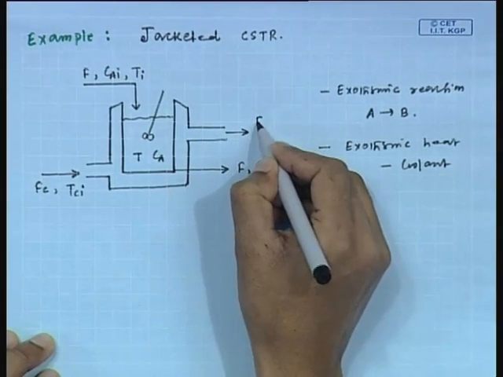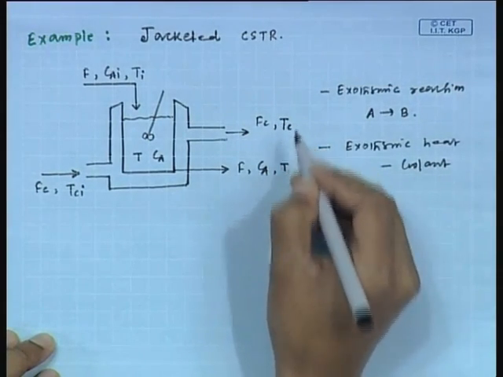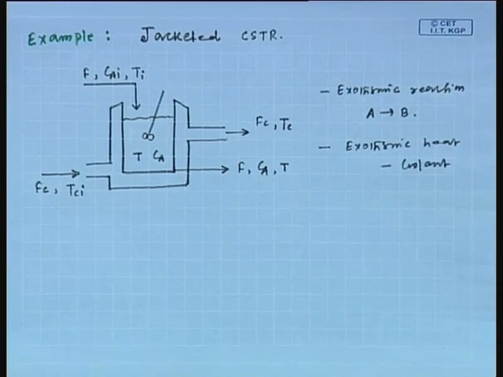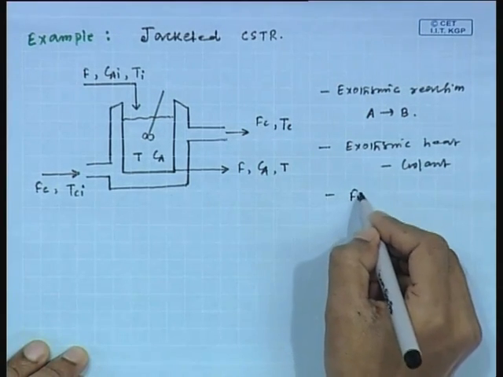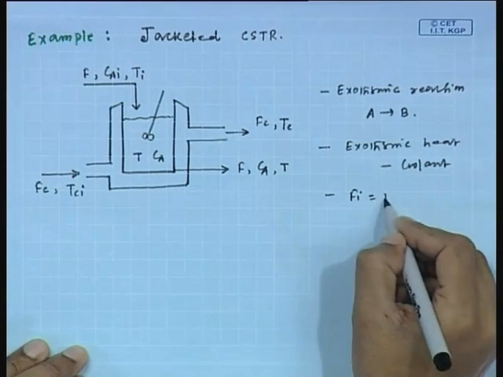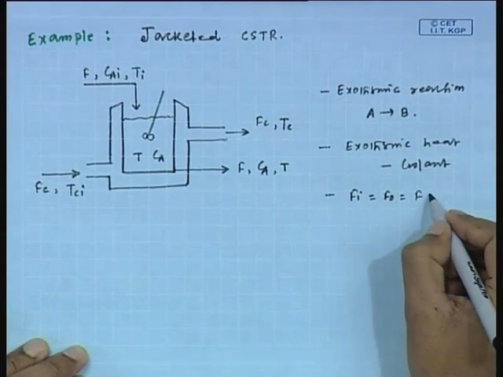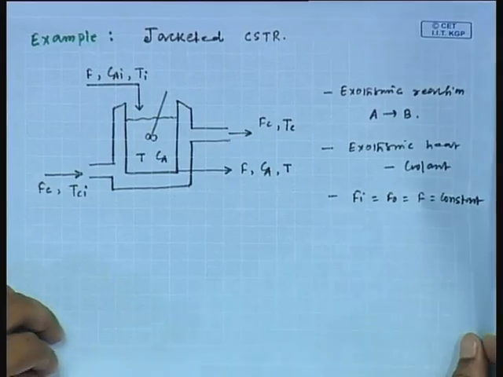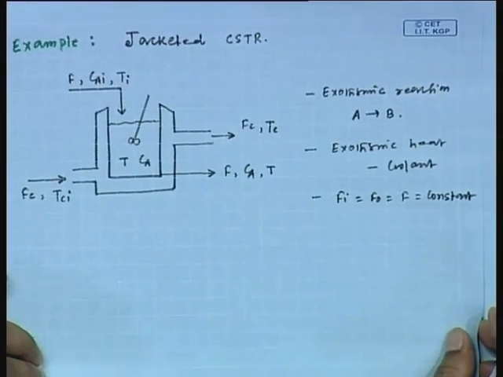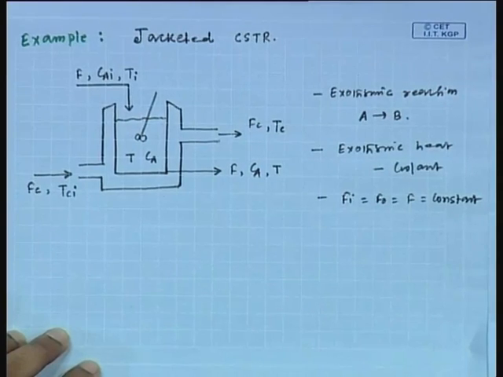The outlet coolant flow rate is Fc and temperature is Tc. We assume that both the inlet and outlet flow rates are identical and they remain constant: Fi equal to Fo equal to F, and they are both constant.